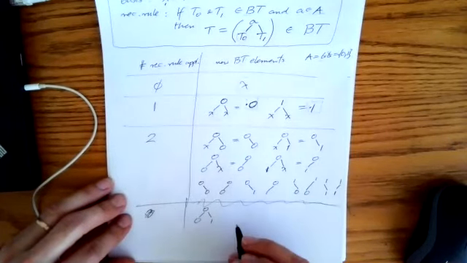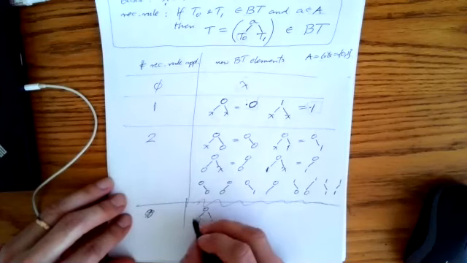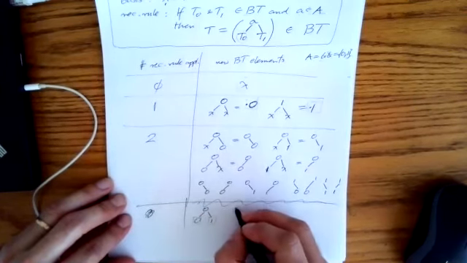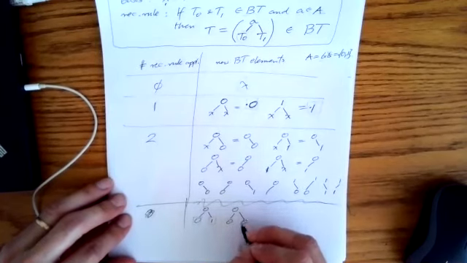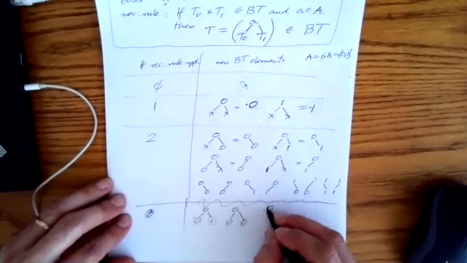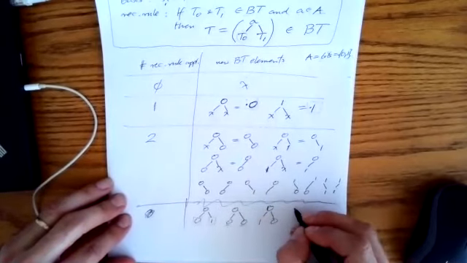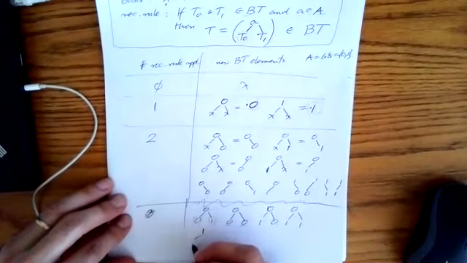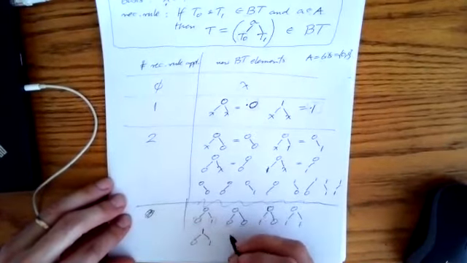This was my T0, this was my T1, and this was my A. And I can also have this tree, with T0, T1, A, and this tree, and this tree. And of course, the same for starting with bit 1.